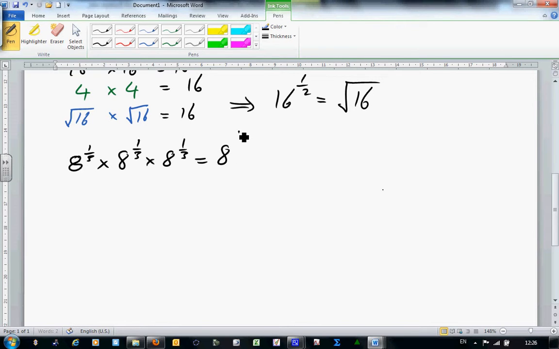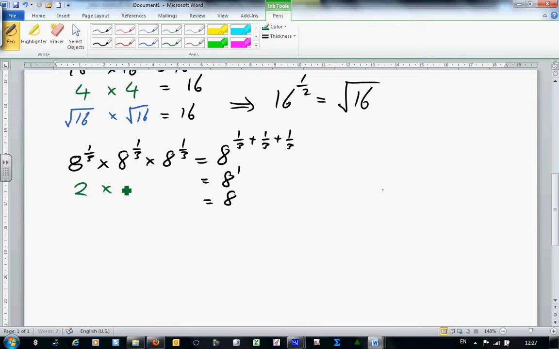So in other words, something times the same something times the same something again will give us 8. And what can that be? Well, 2 times 2 times 2 is 8. The cube root of 8 is 2.